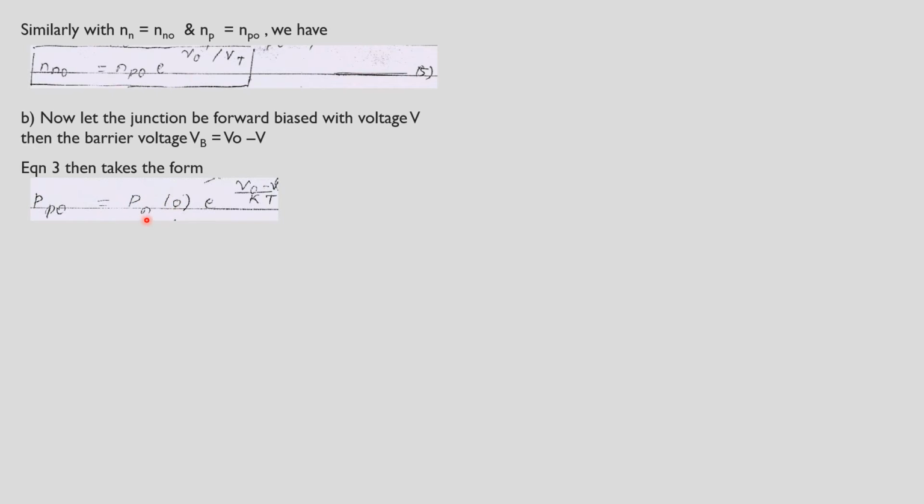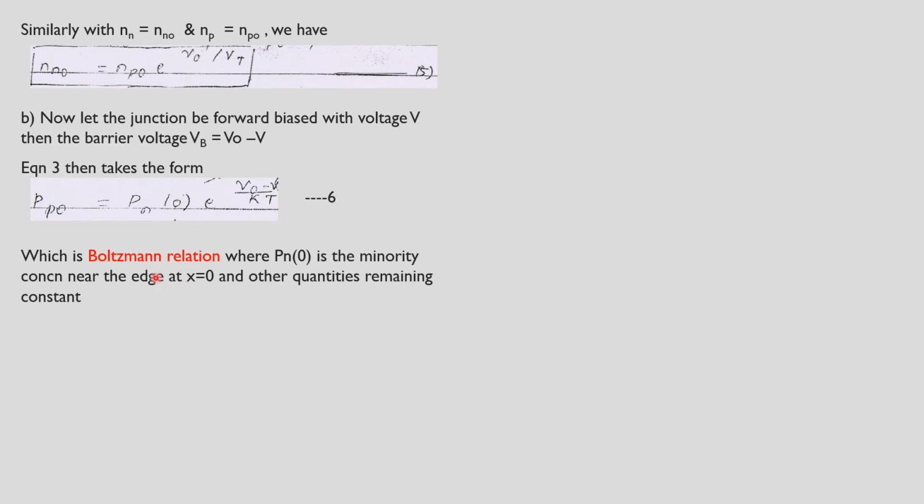Pn0 will become Pn of 0 because this is the injected concentration when we apply the forward bias voltage. So it will become Pp0 is equal to Pn of 0 into e raised to V0 minus V by VT. Equation 6, which is the Boltzmann relation, where Pn of 0 is the minority concentration near the edge at x equal to 0 and the other quantities remain constant.